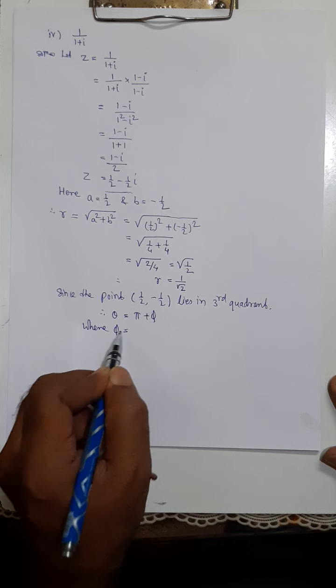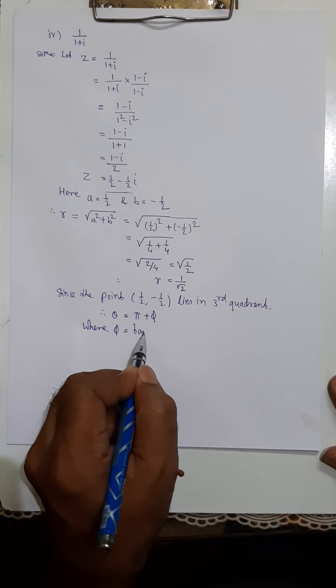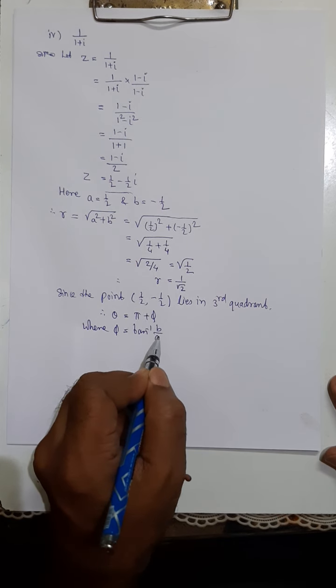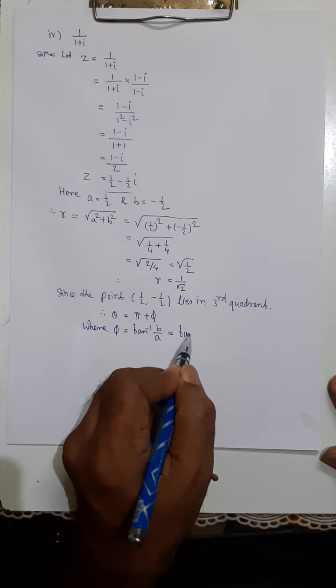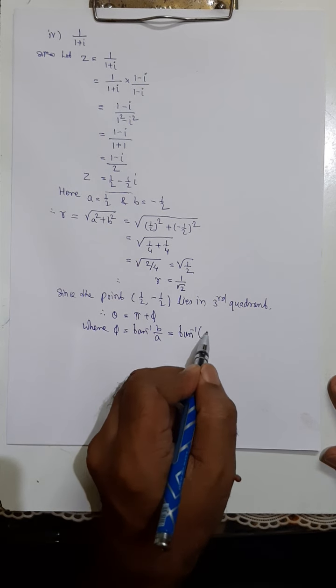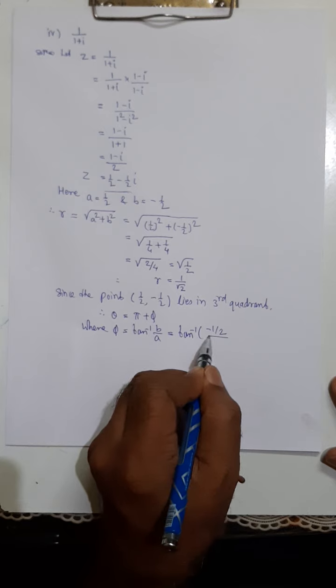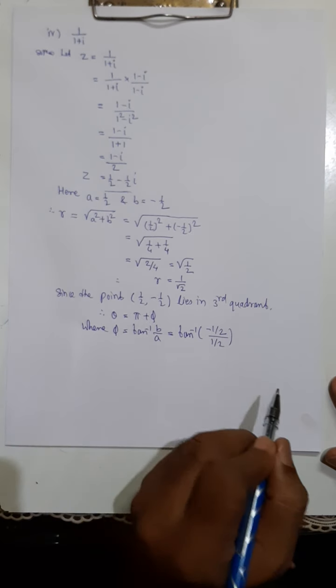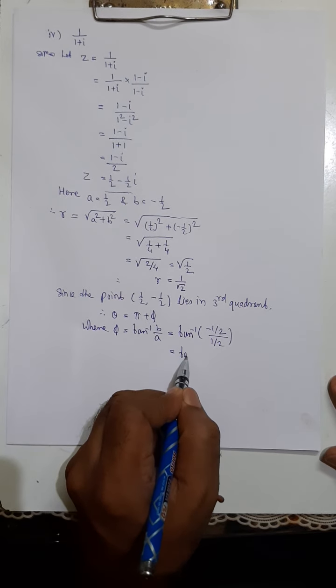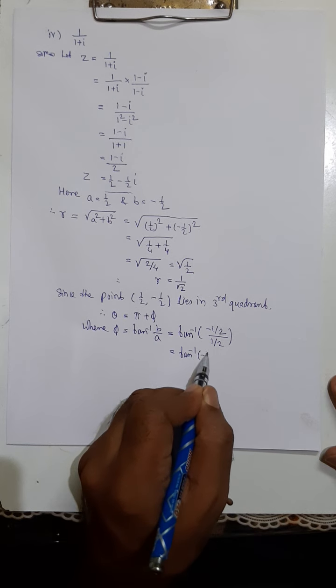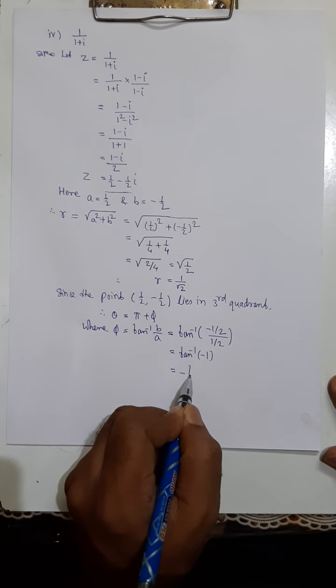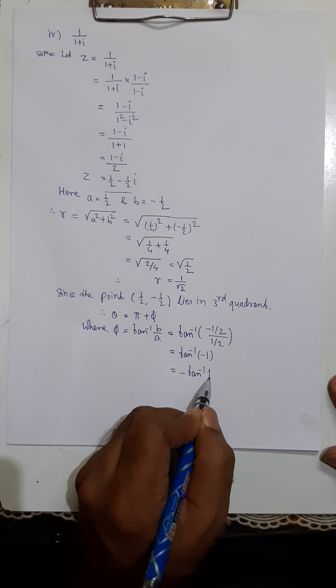phi is nothing but the argument of z, which is given by the formula tan inverse b divided by a. So tan inverse, here b is minus 1 by 2 and a is 1 by 2. So note that here 1 by 2 cancels and we get tan inverse of minus 1, and that is minus of tan inverse 1.